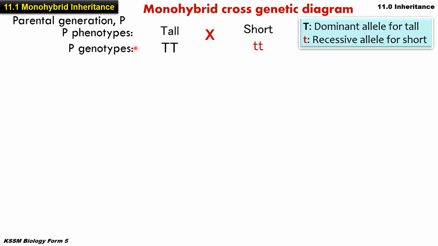Kemudian, phenotype adalah tall, cross, short. Untuk genotype, T besar, T kecil, capital T, cross, small letter T, small letter T. Okay, tulis ni. Kena tulis ni, kalau tak, you tak faham. Kena belajar buat cross genetic diagram, which is memang akan keluar dalam SPM.